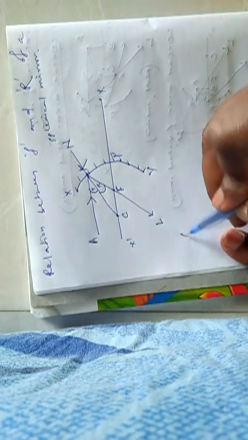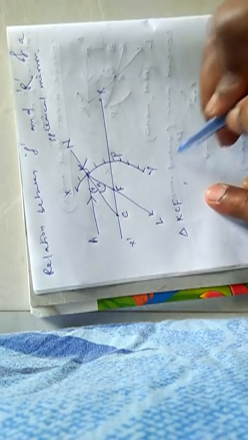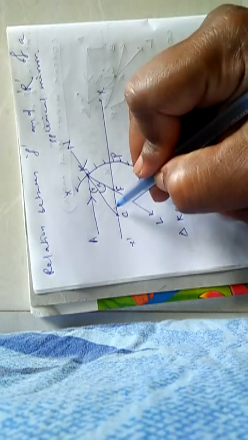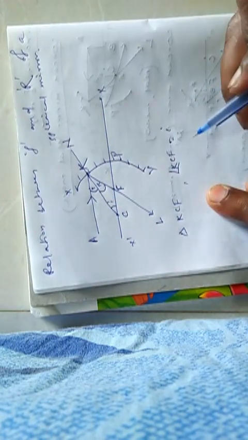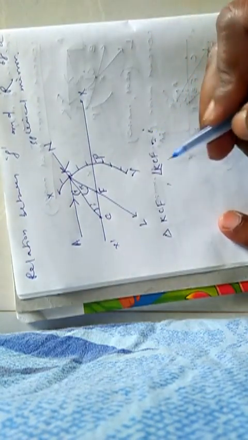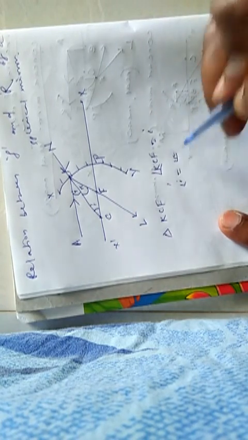In triangle KCF, this angle is equal to I, and as you know I is equal to R, law of reflection.